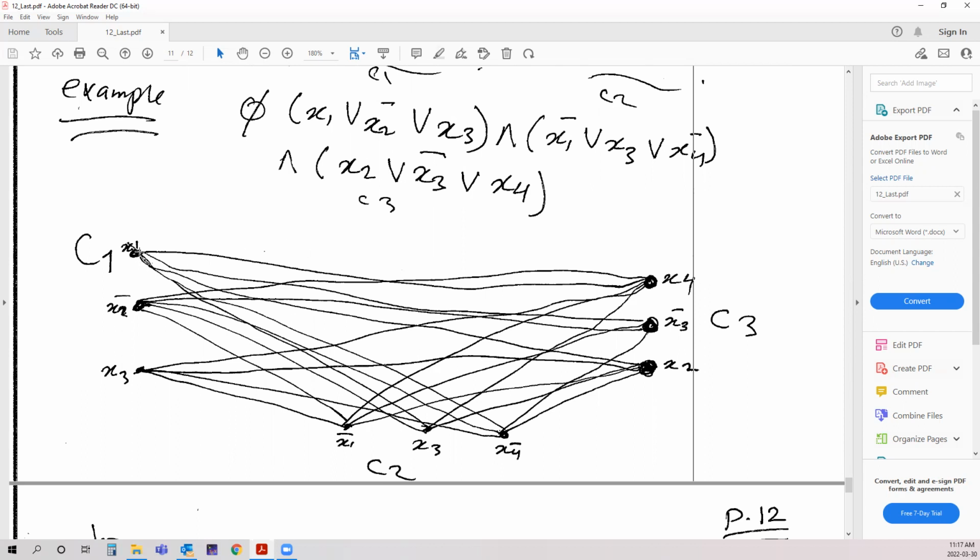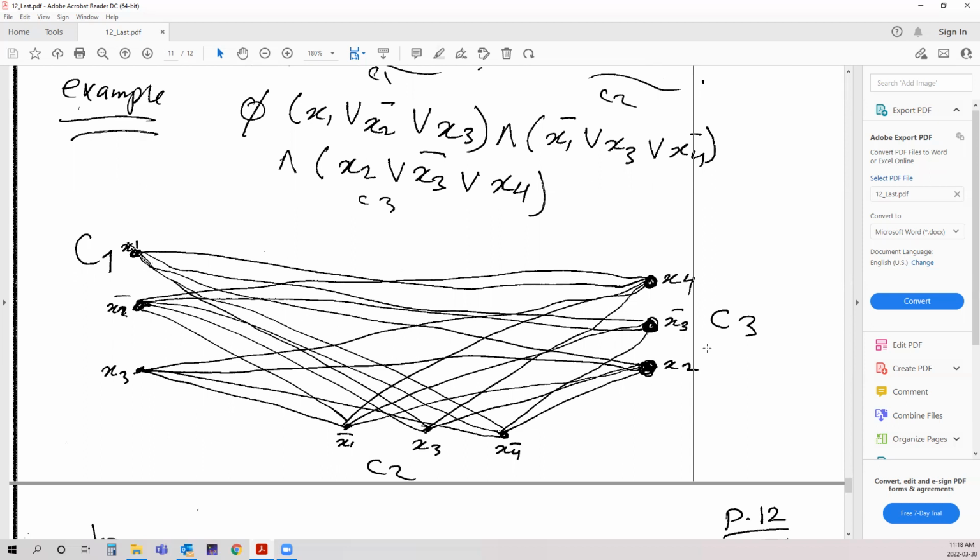So see here, x1 is connected to x4, x3, and x2 in the other clauses, but it's not connected to x1 prime. You see there is no line to here. x2 prime is connected to x4 and x3, and to x4, x3, and x1, but it's not connected to x2.